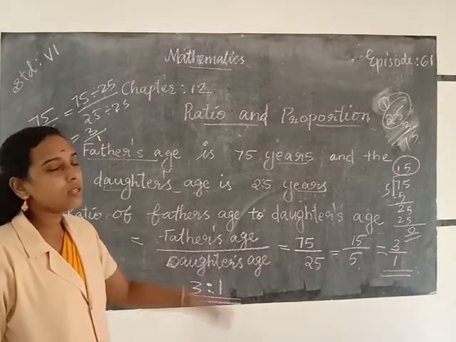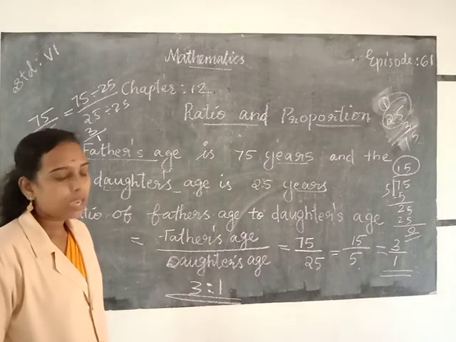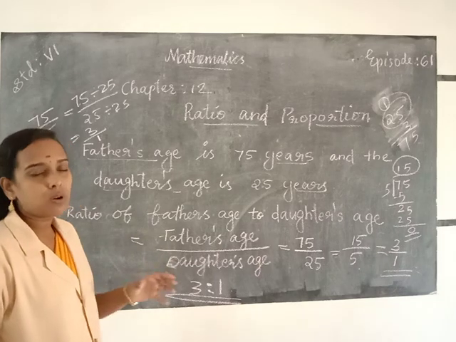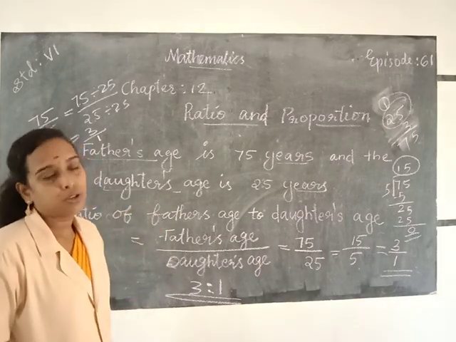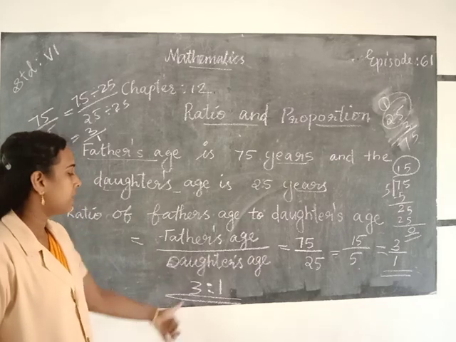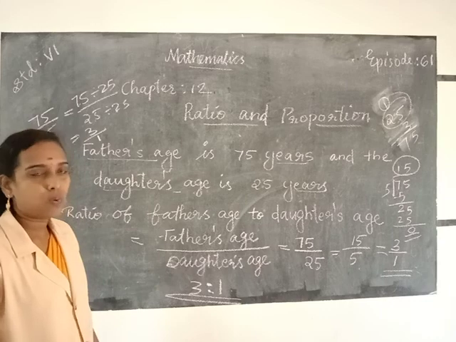So the ratio of father's age to daughter's age is 3 is to 1. Like this, we can compare two quantities with the same units. Okay, so 3 is to 1. You can read this, 3 is to 1.